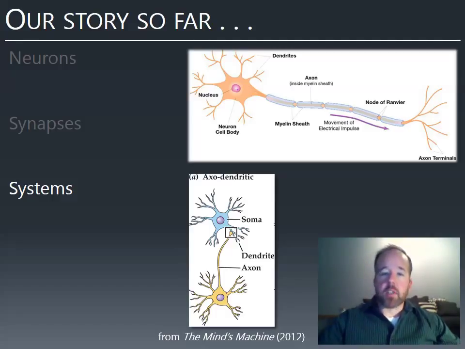These neurons link together to process fairly complex types of information and produce fairly complex responses. It takes a lot of neurons to get that complexity, that wide range of functions. We'll talk about some of those systems and how the brain is organized, and that'll be our main topic for today.